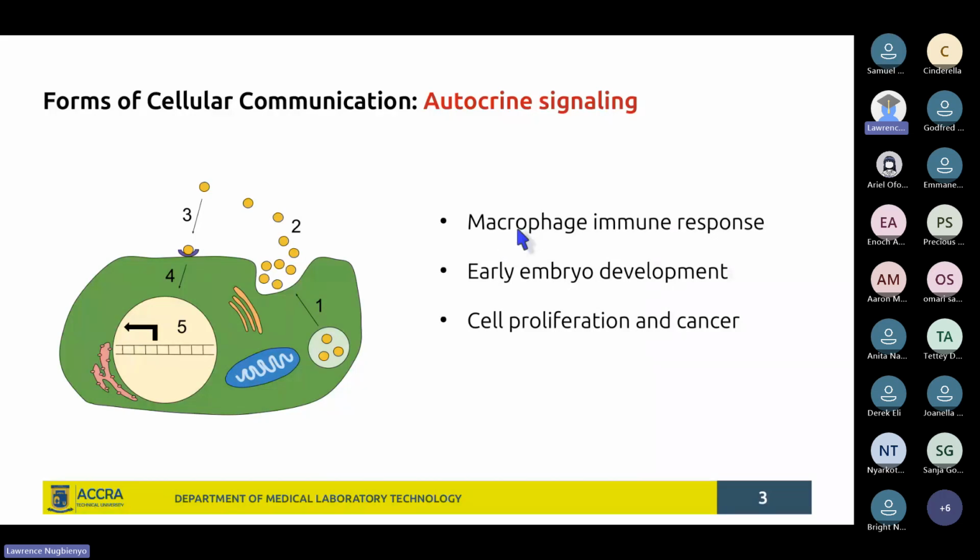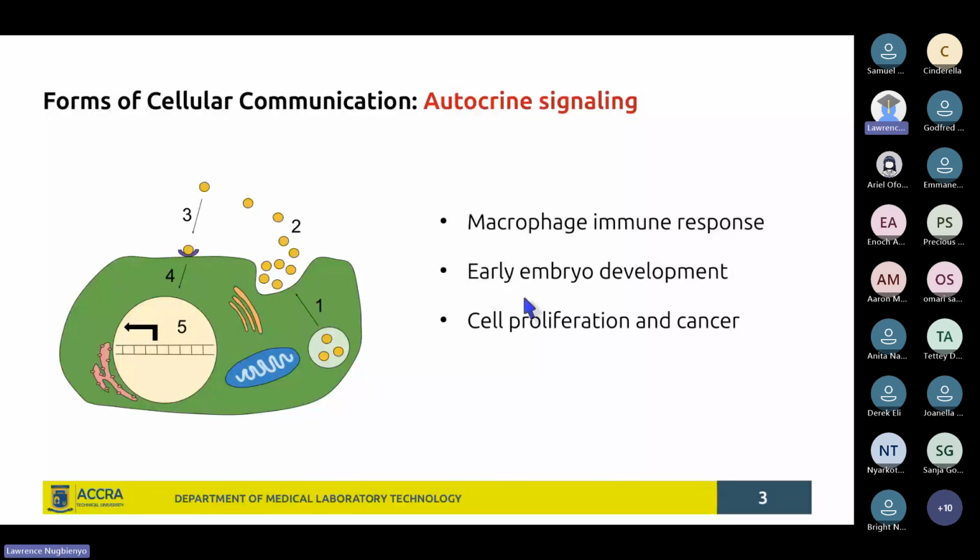Macrophages are responding to some invasion of some virus. And you have this autocrine signaling also at the early stages of cells of the embryo. You need to signal themselves to divide as quickly as possible, because at such stage of embryo development, you have a very fast development going on in the tissues.